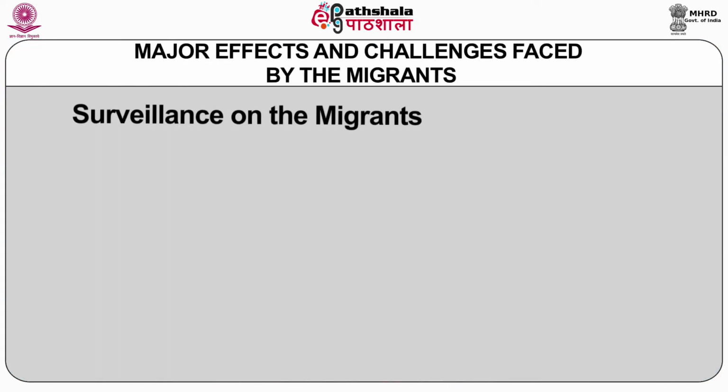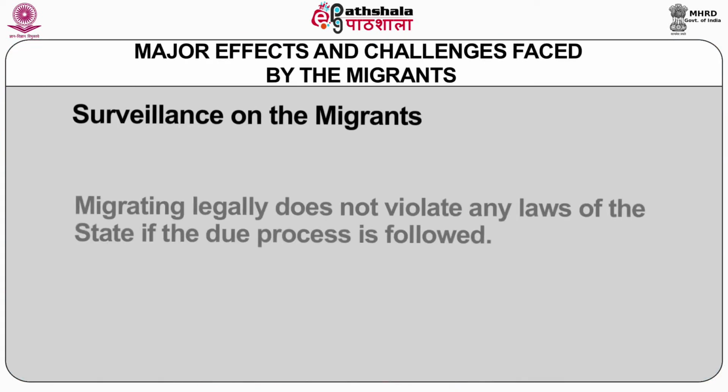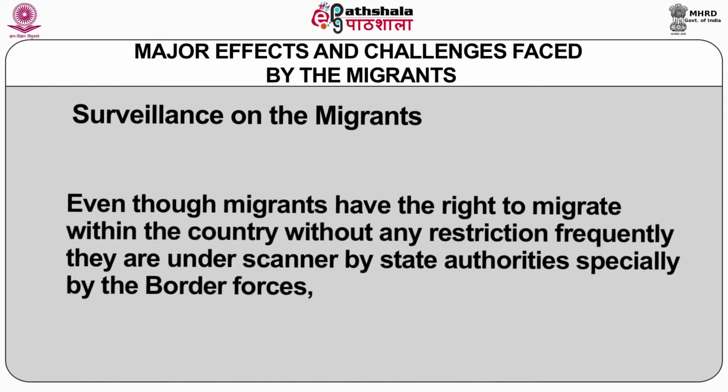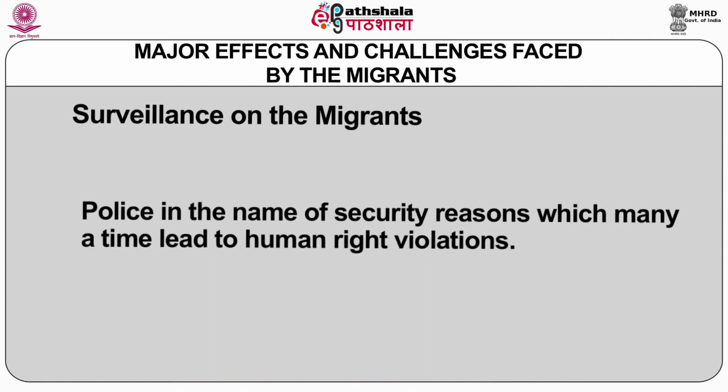Now, let's look at surveillance of the migrants. Migrants legally do not violate any laws of the state if the due process is followed. Even though migrants have the right to migrate within the country without any restriction, frequently they are under scanner by state authorities, especially by the border forces and police, in the name of security reasons, which many a time leads to human rights violations.